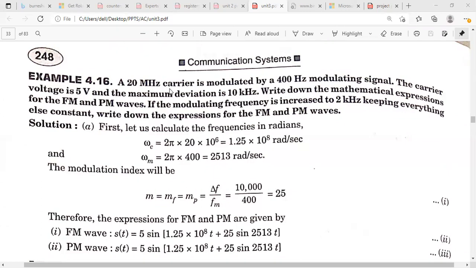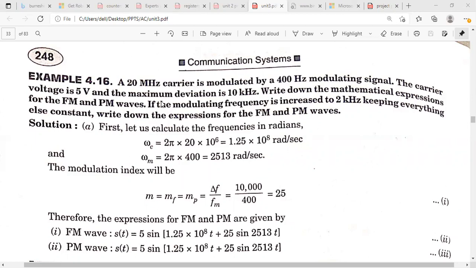The carrier frequency is 20 megahertz, and the modulating signal frequency is 400 Hz. The carrier voltage is 5 volts, and the maximum deviation is 10 kilohertz. Here the maximum deviation delta F is equal to 10 kilohertz, and the amplitude of the carrier VC is equal to 5 volts.